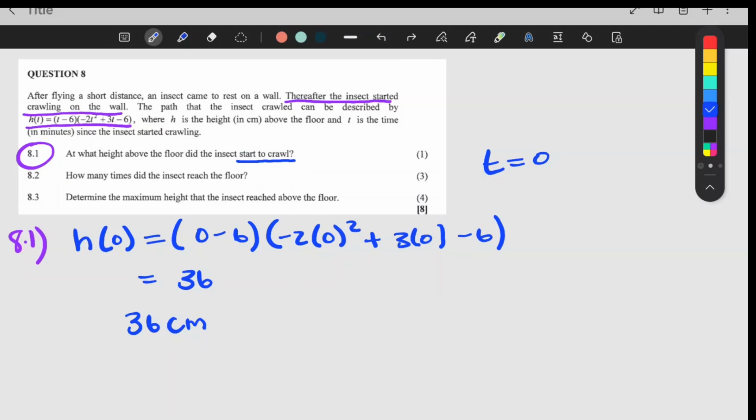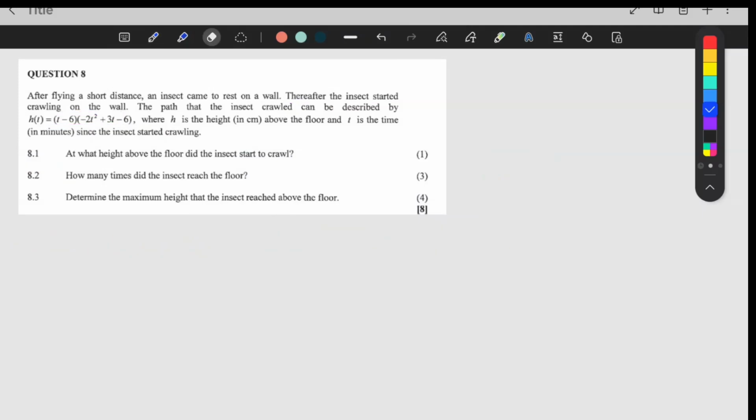Okay, next question. 8.2 says, how many times did the insect reach the floor? So remember when the insect is on the floor, there's the floor. Remember it's going to crawl, floor. So here's the floor. Now remember on the floor, the height is 0.